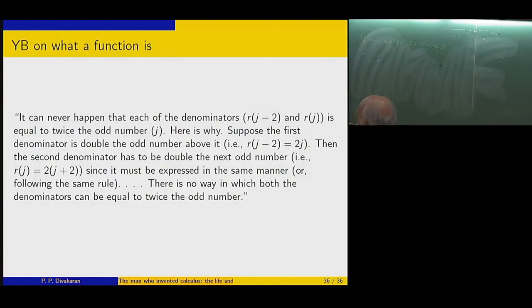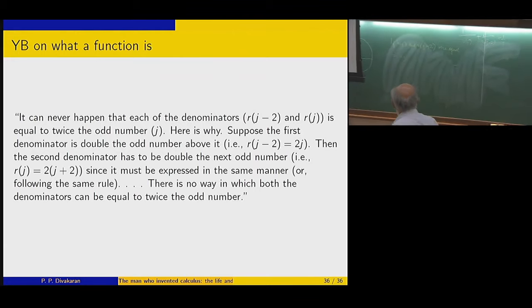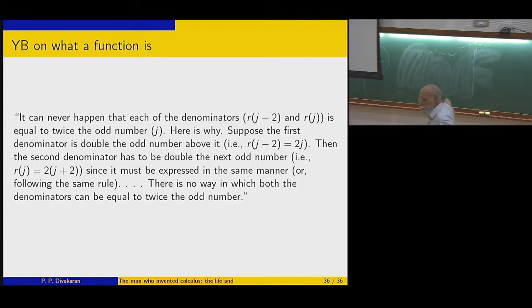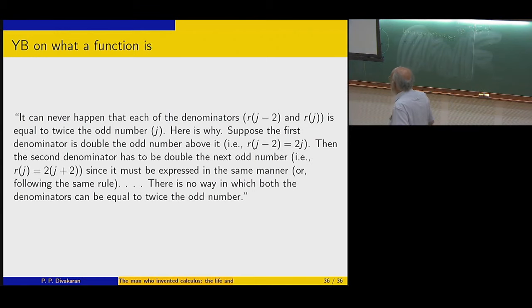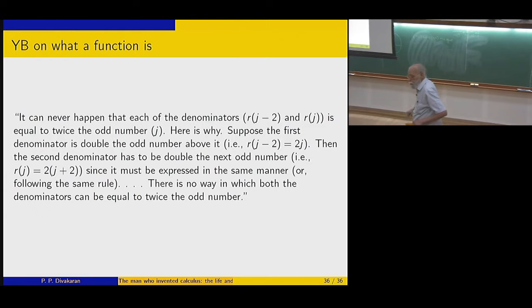Suppose the first denominator is double the odd number above it, that Rj minus 2 is 2j, the ansatz I just wrote down. Then he says, the second denominator has to be double the next odd number, which is Rj is 2j plus 4, since it must be expressed following the same rule as the earlier one.